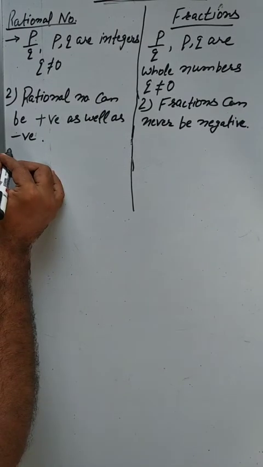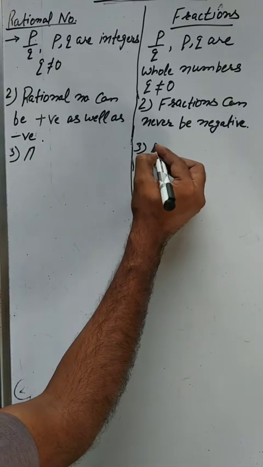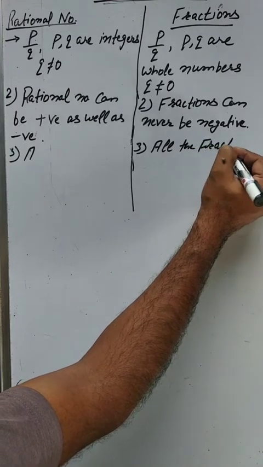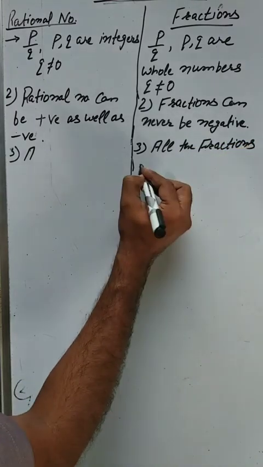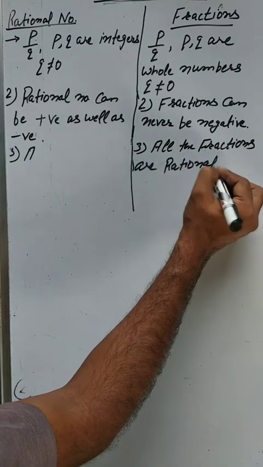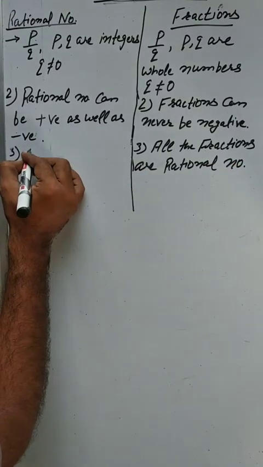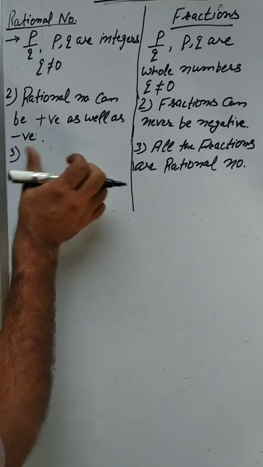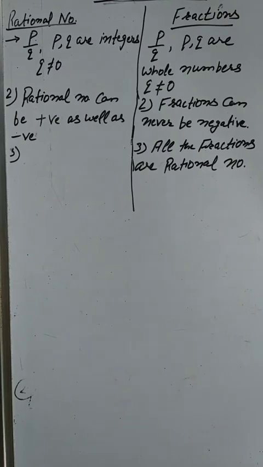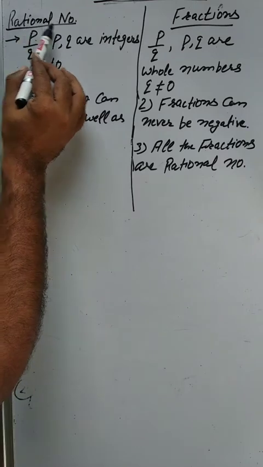Third difference is, beta, all the fractions are rational numbers. Clear? It is clear from the definition, beta. Look here in the definition.